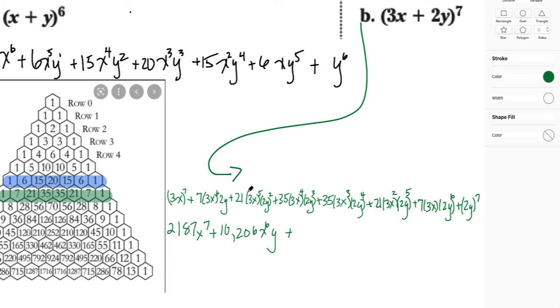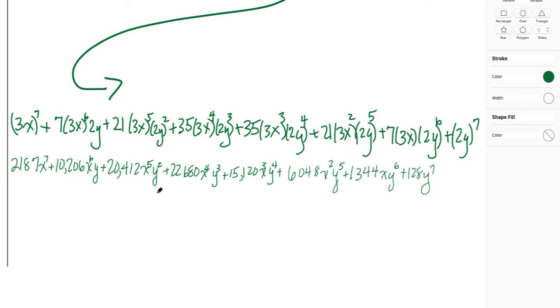So I take the 21 times the 3 to the 5th times the 2 to the 2nd. If I were to multiply all that together, I'm going to get 20,412 times x to the 5th, y to the 2nd. I'm going to spare you the explanation. I'm going to write it all out for you guys. So when everything's expanded out, this is what we would get.